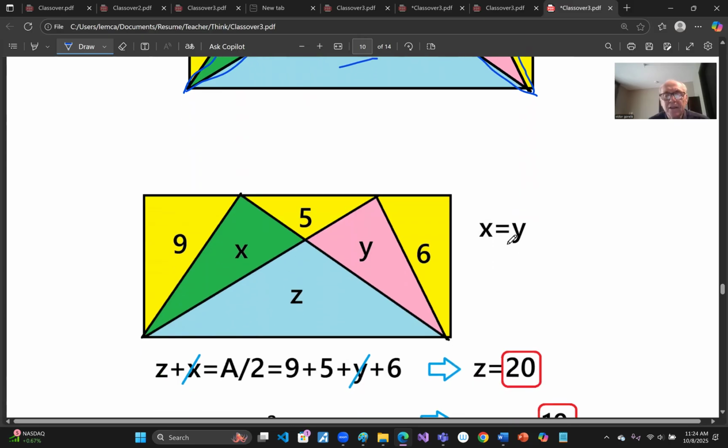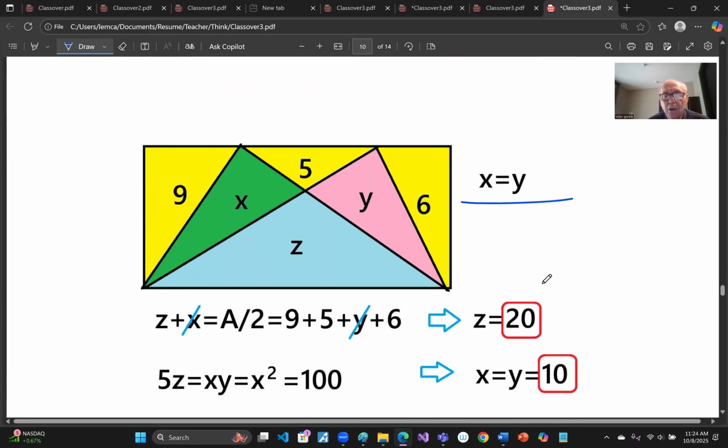So let's write it down. X is equal to Y, and we know that Z plus X is half of the area of the rectangle. And what is left? What is the other half? It is 9 plus 5 plus Y and plus X.